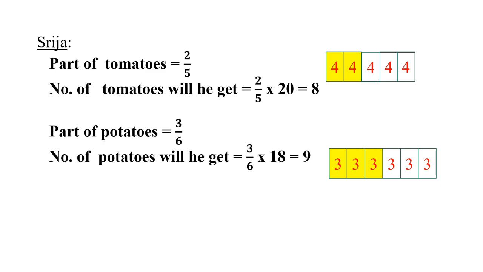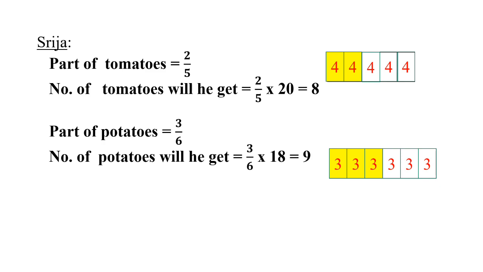We will get 4, so 4 will be in each part. We have shaded 2 boxes, so we want to take the value of 2 parts. 4 plus 4, 8. How many parts have you colored? That is your answer. 4 plus 4, 8.